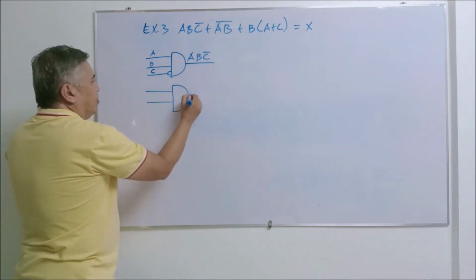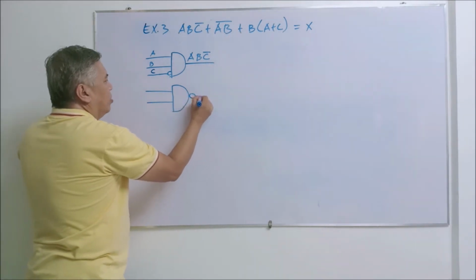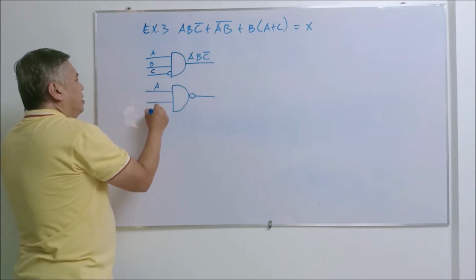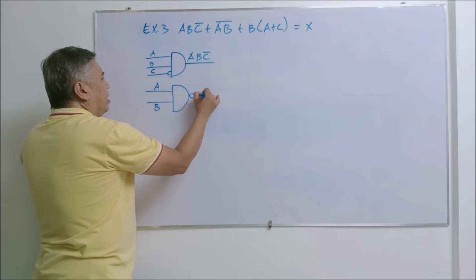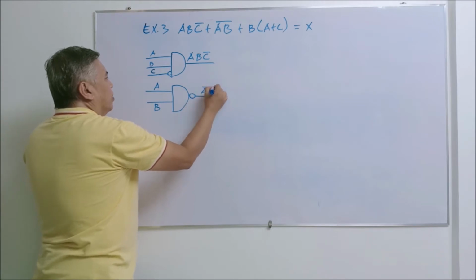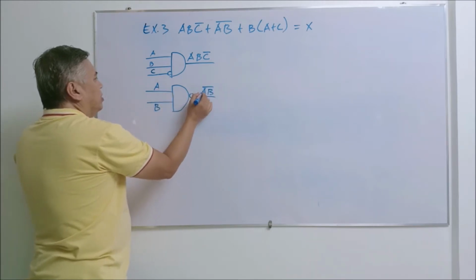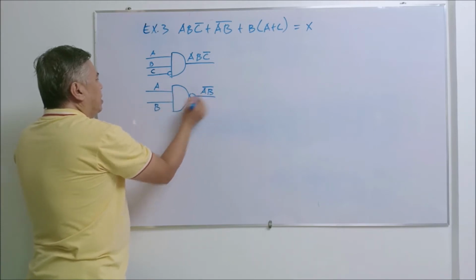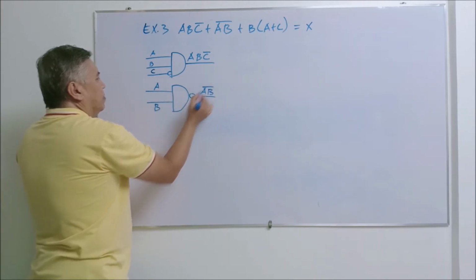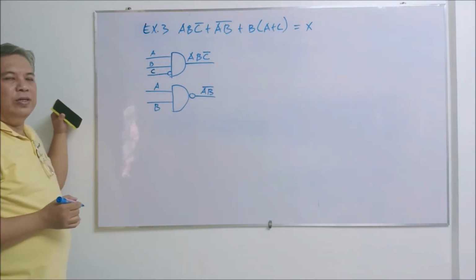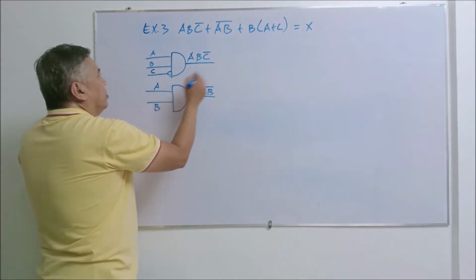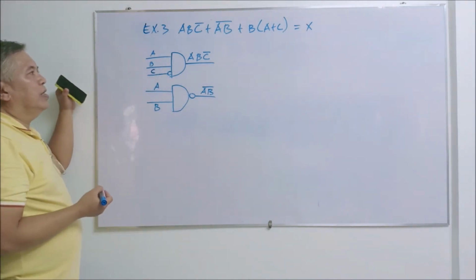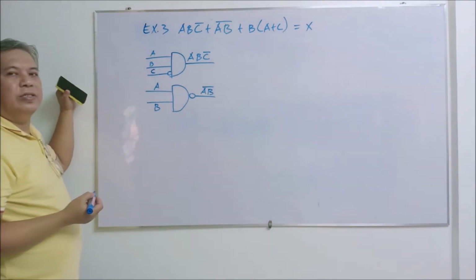So we have here a bubble at the output representing a NAND gate. So you have A, B, the output here is A, B complement, A times B, then complement. Okay?